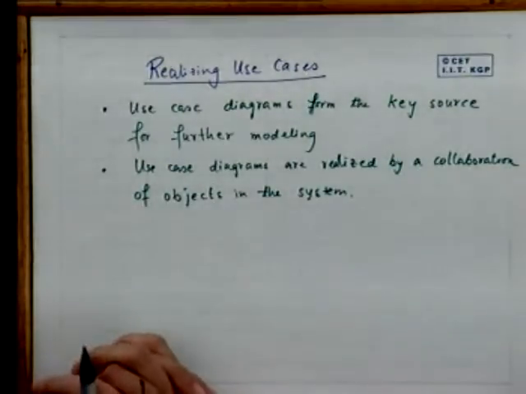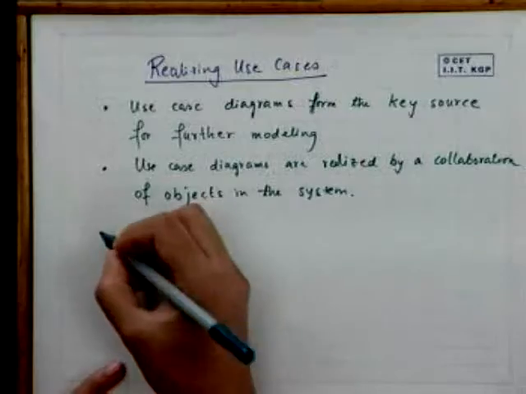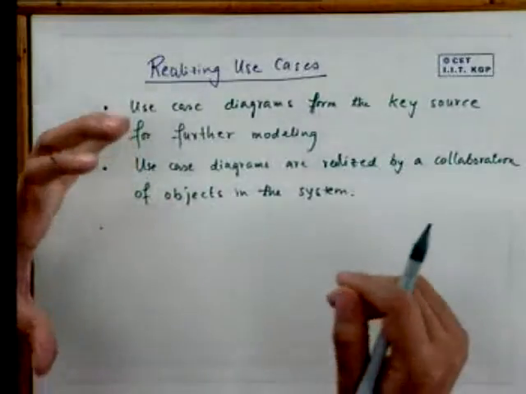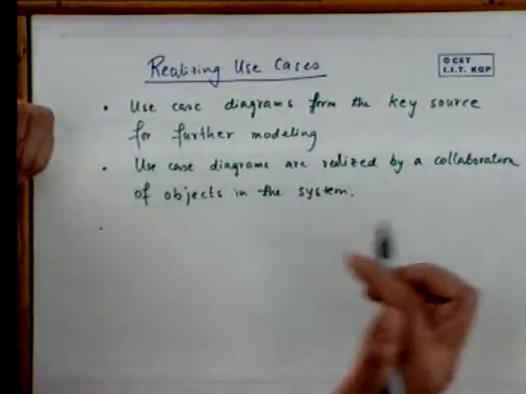So the next step, we use collaboration diagrams and sequence diagrams to show how objects collaborate to constitute the use case.